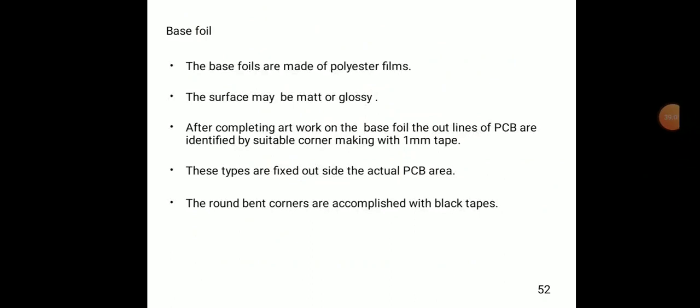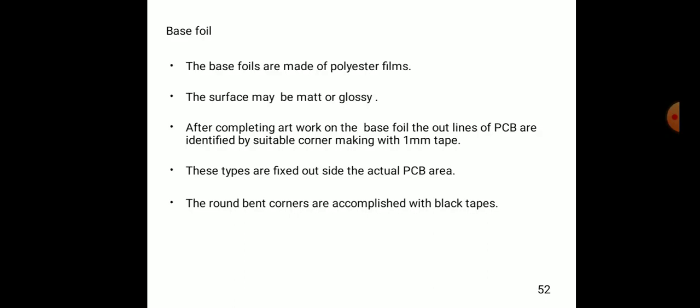Another layout method is the base foil method. The base foils are made of polyester films. The surface may be matte or glossy. After completing the artwork on the base foil, the outline of the PCB is identified by suitable corner marking with 1 mm tape.